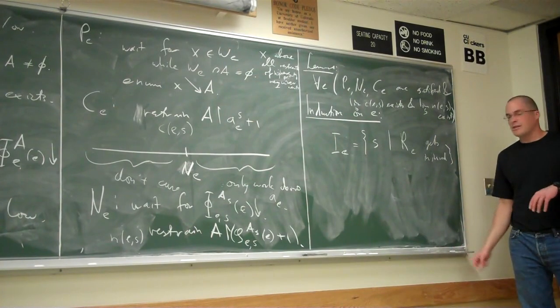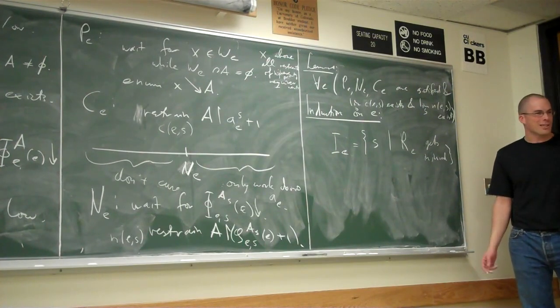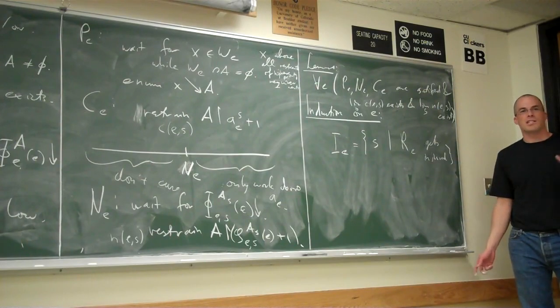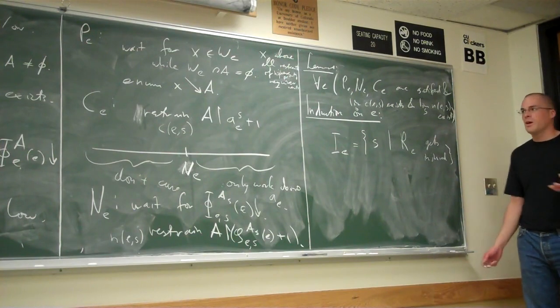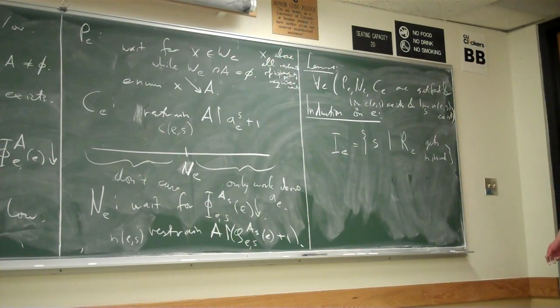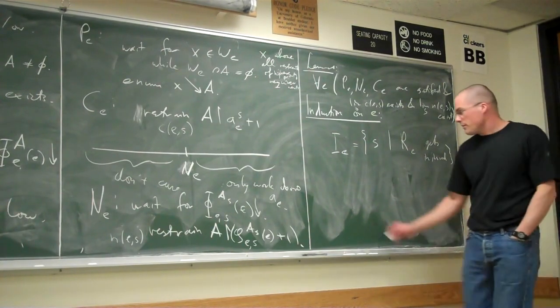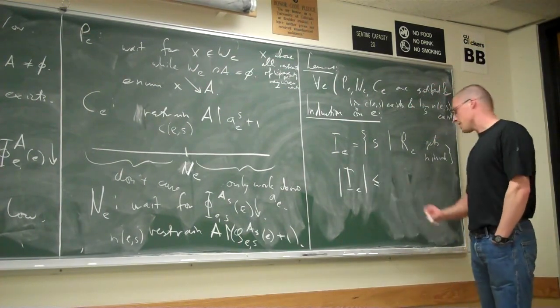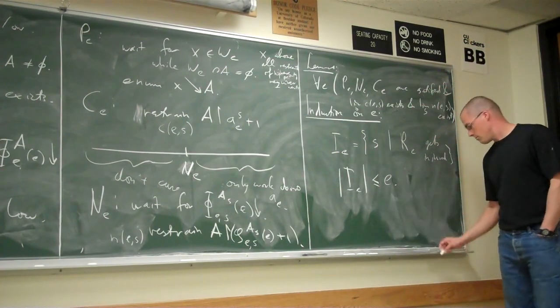In some not entirely unreasonable sense, the size of this set IE measures something about the complexity of the construction. What happens in our particular case here? Well, the size of IE is always less than or equal to E.